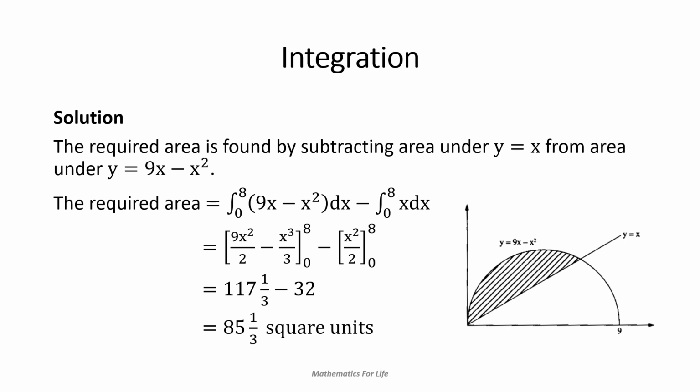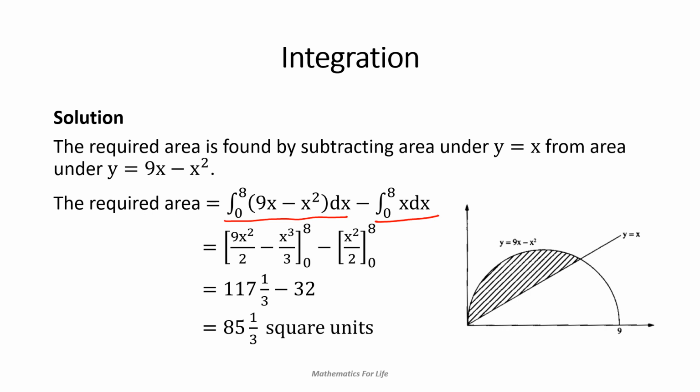So, to determine the area bounded between the line and the curve, you need to find the entire area under the curve, subtract the area under the line, and it will give you the required area. So we are going to have the integral from 0 to 8 of 9x minus x squared dx, and then we subtract the integral from 0 to 8 of x dx.